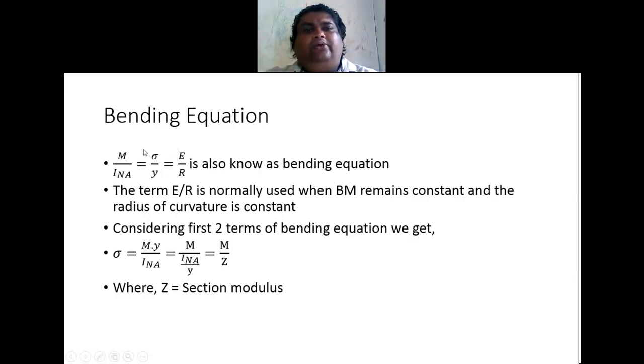Now, this equation is also known as the bending equation. We need to note that this term E by R is normally used only when the bending moment remains constant and the radius of curvature is also constant, right?